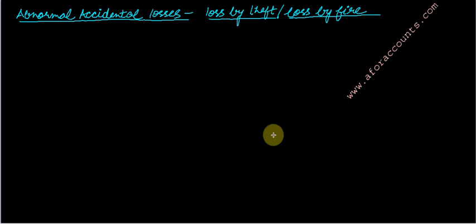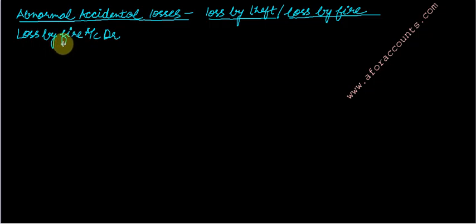Okay, first of all, if there is a loss, I have to debit my loss. So the entry will be, say I will take an example of loss by fire. Loss by fire account debit. Generally, if it is an expense of indirect nature, I credit P&L account.